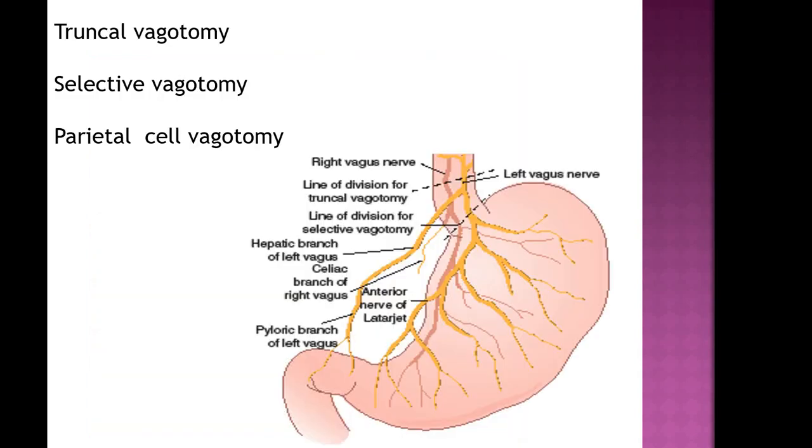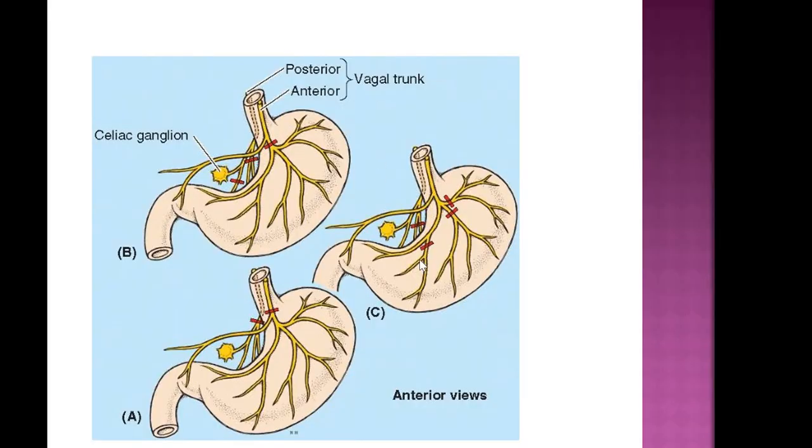And the third type is the parietal cell vagotomy. In parietal cell vagotomy, we attempt to cut the branches of the vagus which specially supply the area in which parietal cells are located. So this is the parietal cell vagotomy.